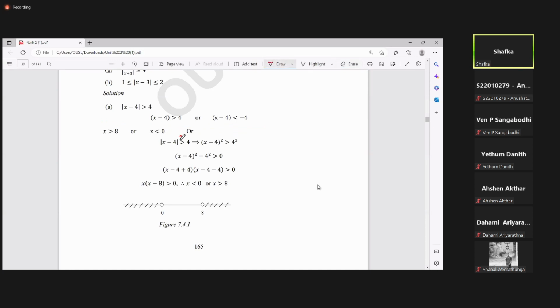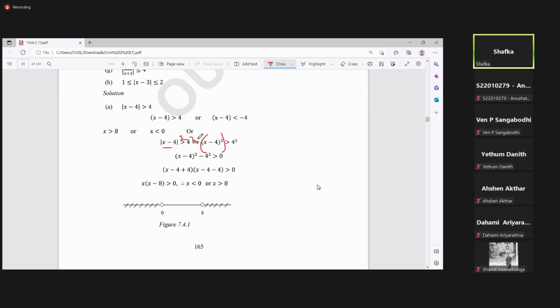Then you can take the square of both sides and remove the absolute value. This is positive, the square is also positive, so this is always positive. Now take the factors and decide about the solution.